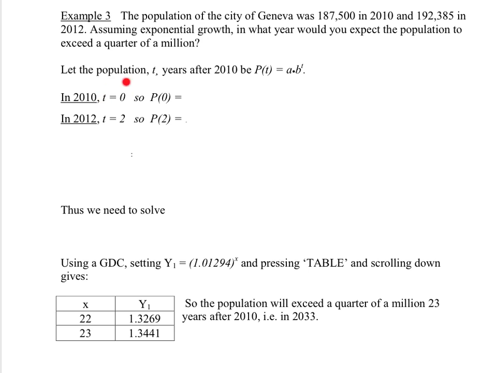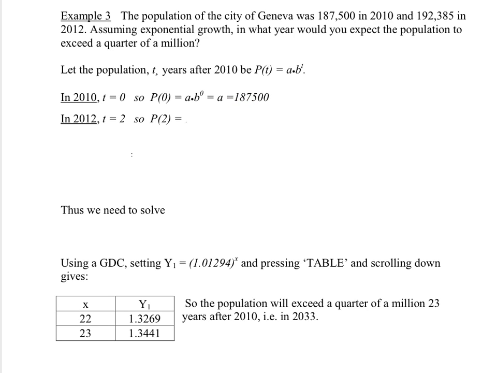So p of 0, the population after 0 years, in other words, in 2010, is equal to 187,500, and that's equal to a times b to the 0. b to the power of 0 is 1, so we know that a is equal to this value here.